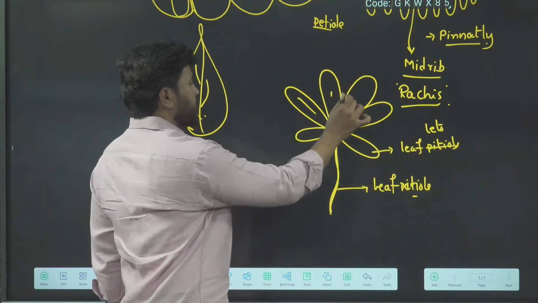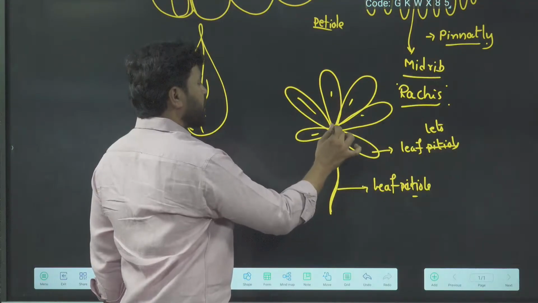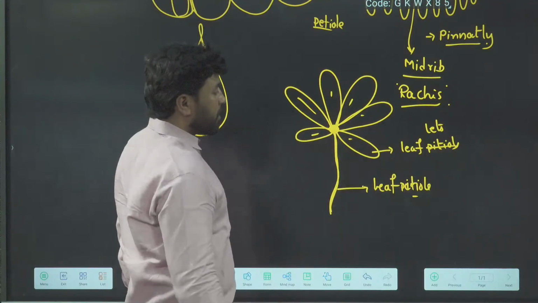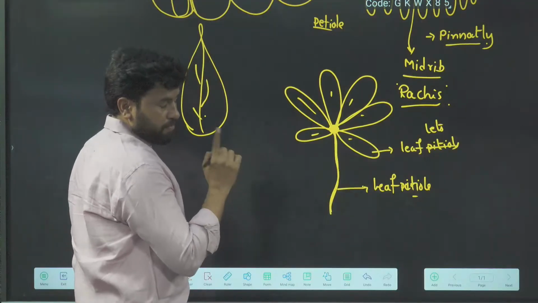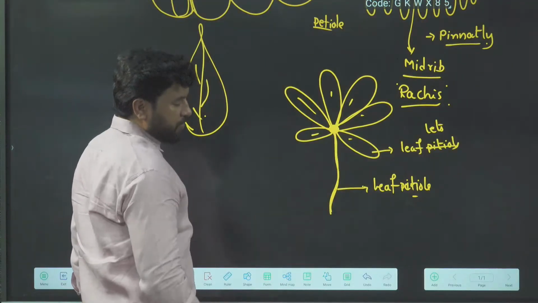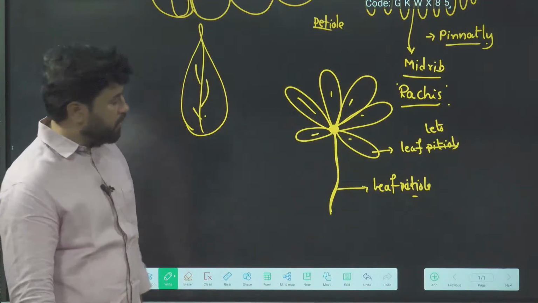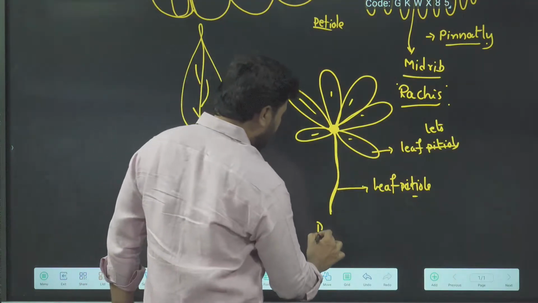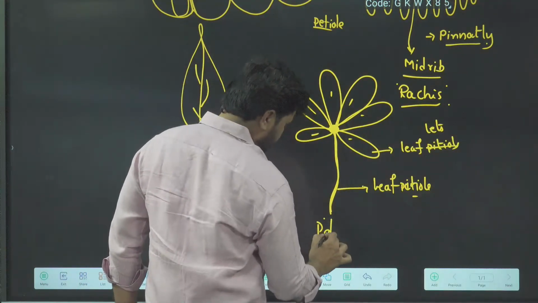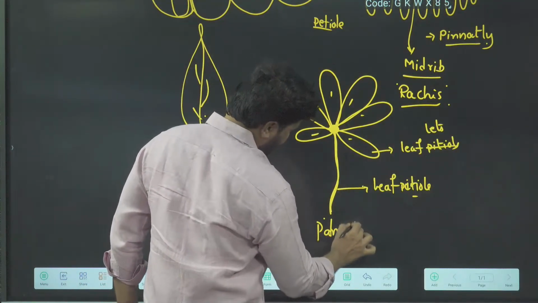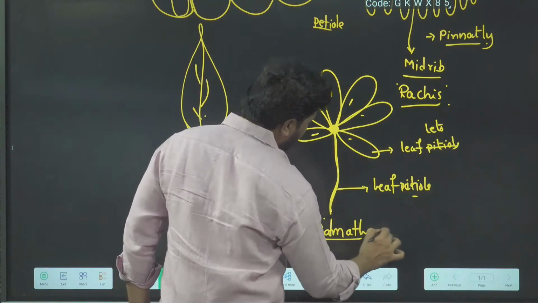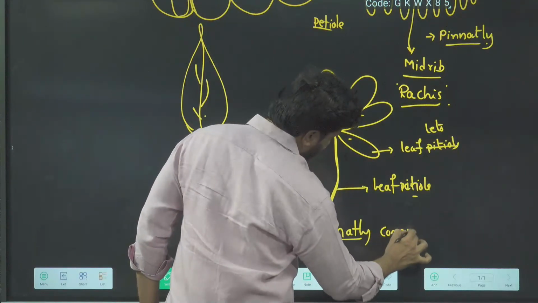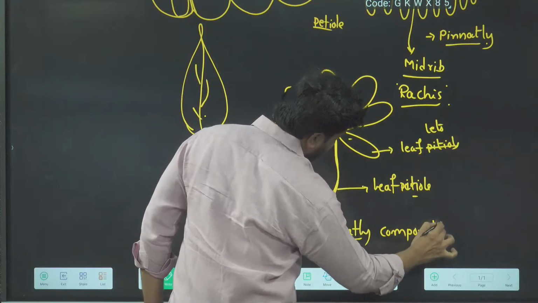All leaflets have been attached to a common point, and this entire leaf along with the leaflets appears like a palm. That's why it is called a palmately compound leaf.